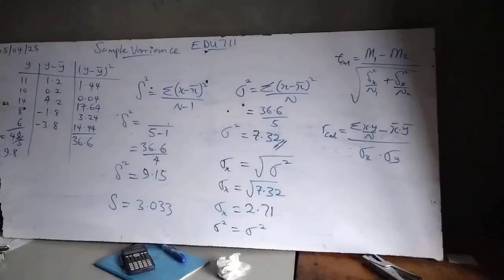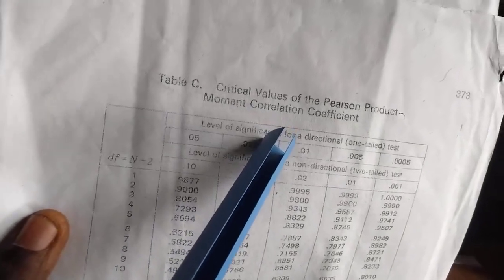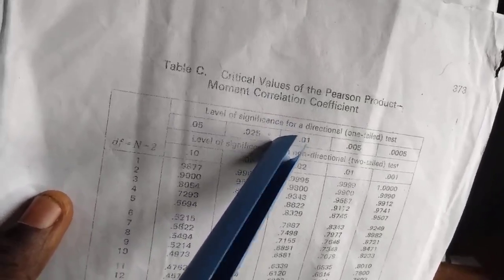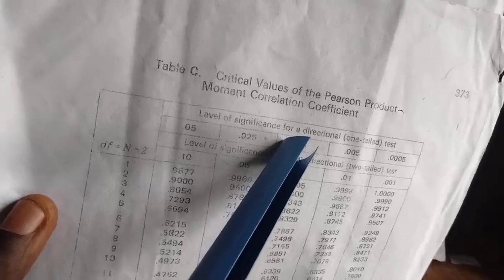Note that. So when you move to the next page, you see critical values of Pearson product moment correlation coefficient. That is for Pearson correlation.